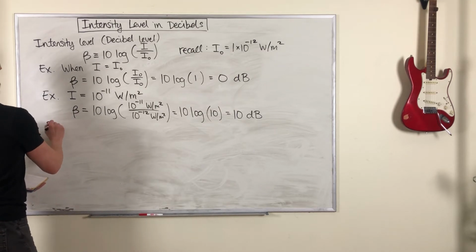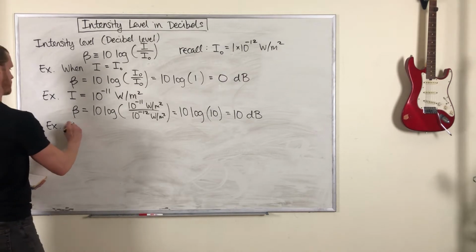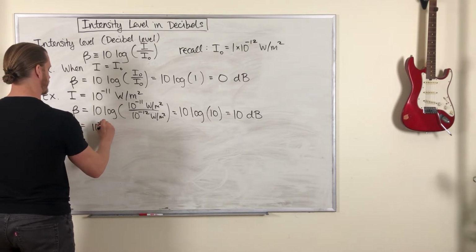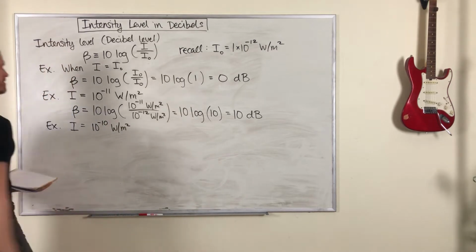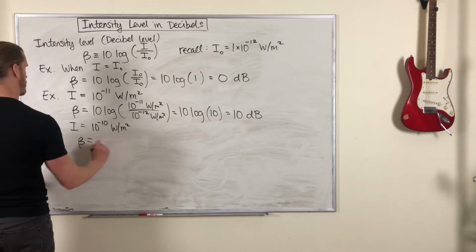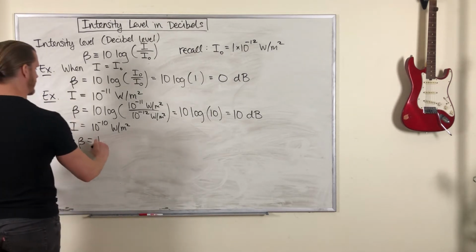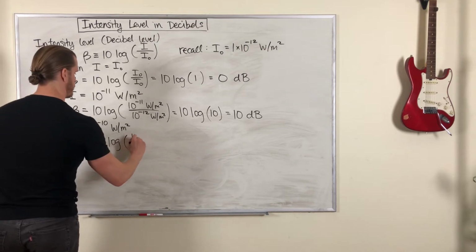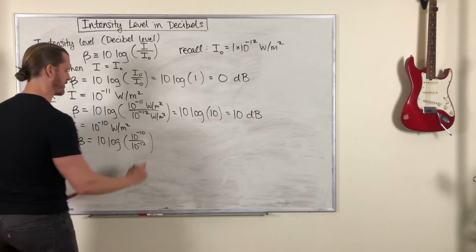Let's do one more. Let's say I is, again, 10 times bigger. 10 to the minus 10 watts per square meter. Then beta will be 10 log of 10 to the minus 10 over 10 to the minus 12. Units cancel.